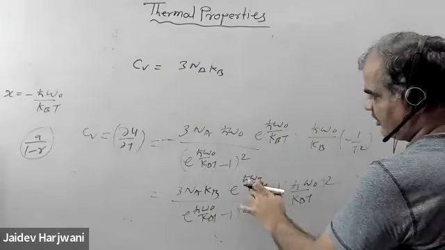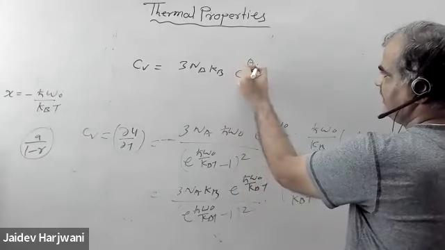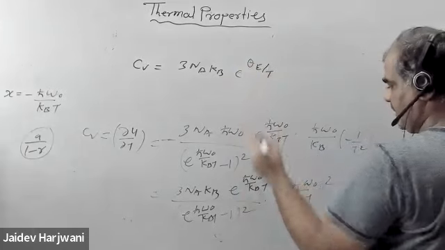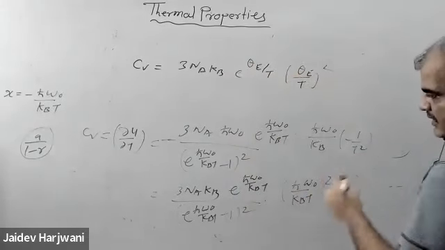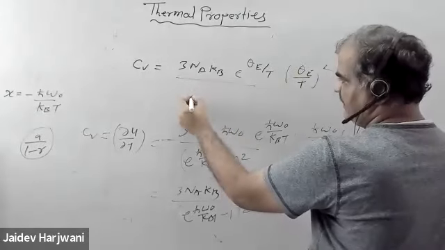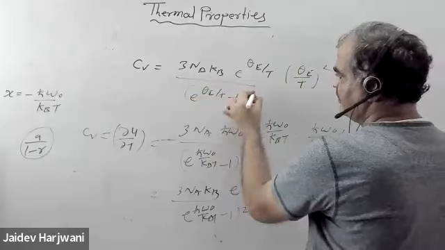Now ħω₀ by kb, I'm writing theta e. So this becomes e power theta e by t, whole square, and in the bottom we have e power theta e by t minus 1 whole square.